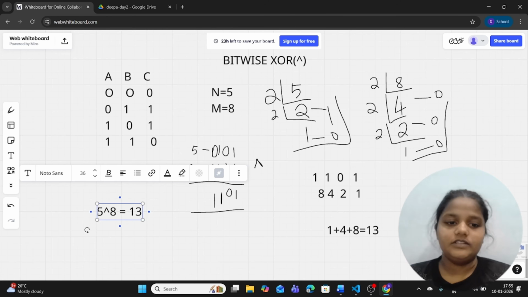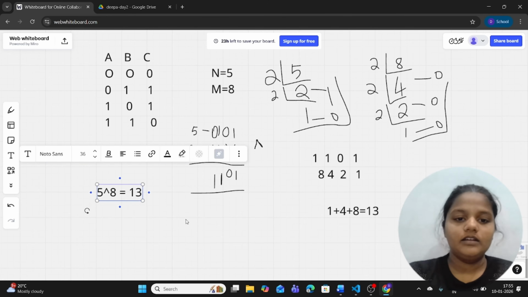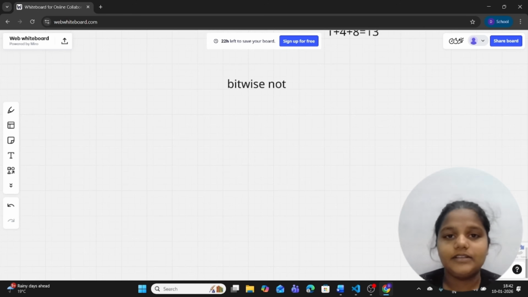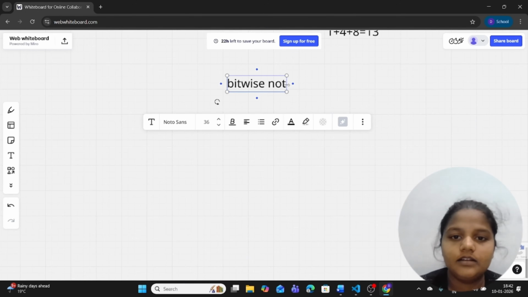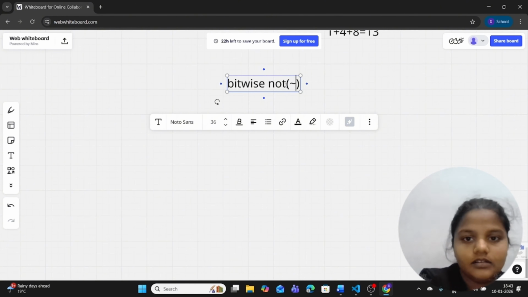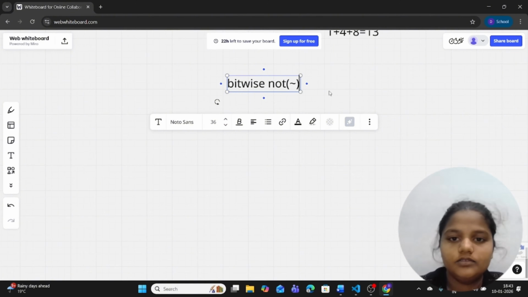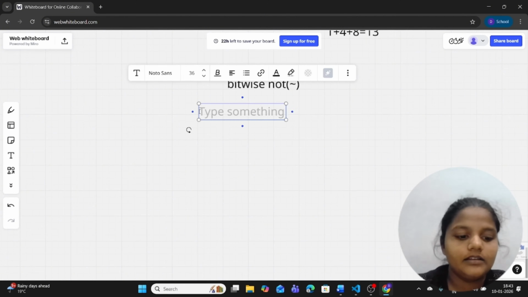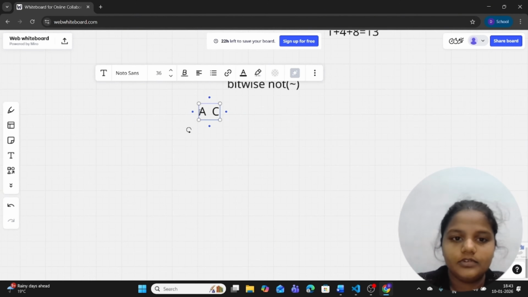Then we are going to see about the bitwise NOT. Now we are going to see about the bitwise NOT operator, the symbol is this. Okay? So for this, the truth table is A and the output.